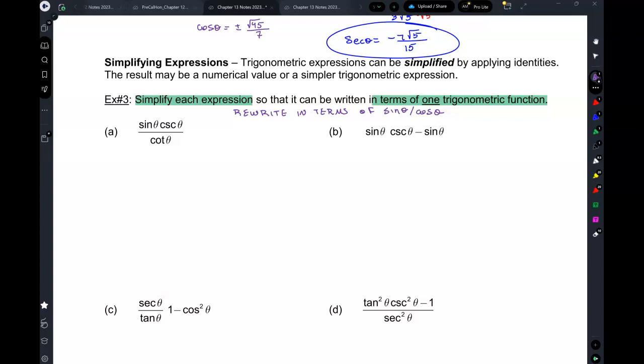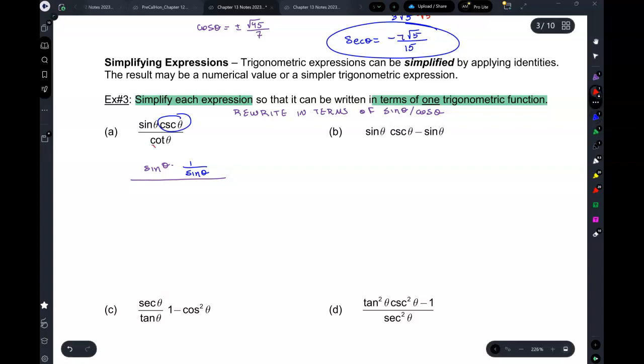So here we go. Sine of theta is already sine of theta. Now, what's cosecant? Cosecant is 1 over sine of theta. What's cotangent? Cosine over sine. Do you see what I did? I really haven't done much math. I just rewrote them in terms of their sines and cosines.